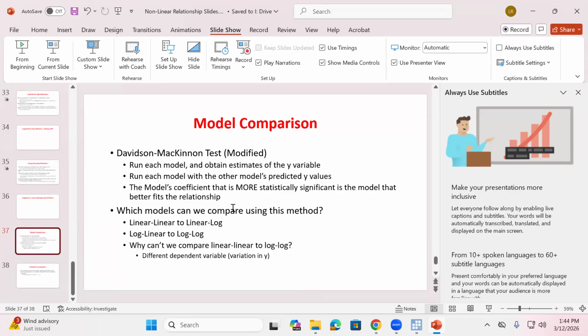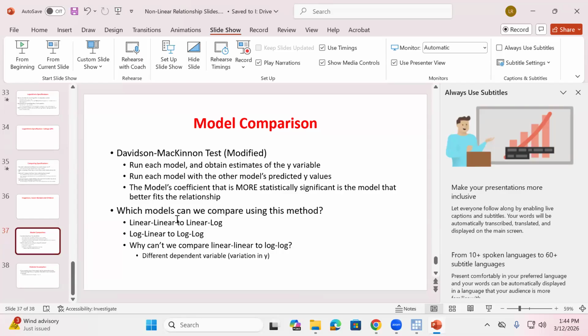Because I can only ever truly compare models with my r squared if they have the same y value. When I've taken the natural log of y, I can't compare that to when I haven't. So for right now, I simplified it, and we could just look at the r squared. We'll talk next week about a better way to do this, because we really shouldn't be comparing linear to log models, as our y variable is different.